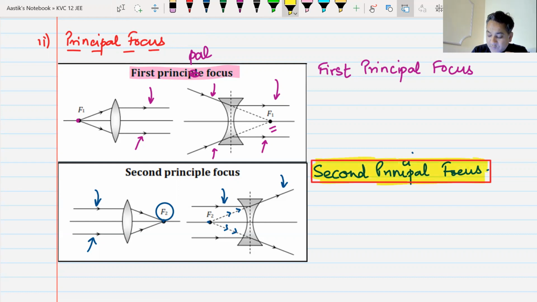So in whatever formula we are going to do, whenever I say focus of a lens, I actually refer to which focus? Second principal focus. Do we understand this? Yes, sir.